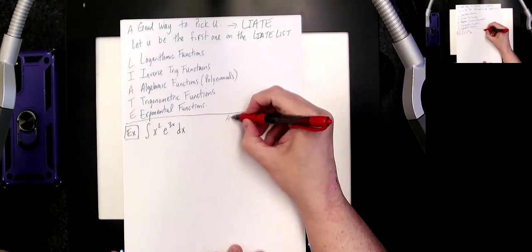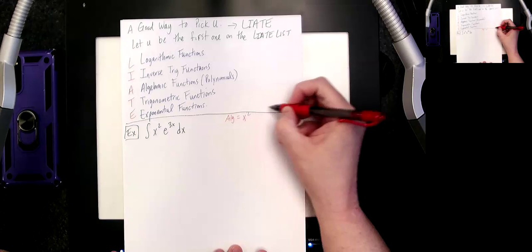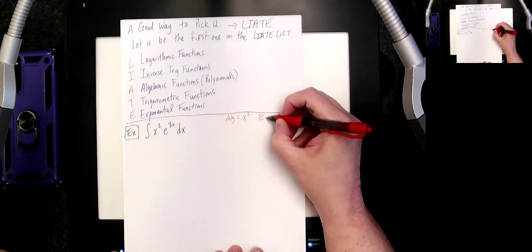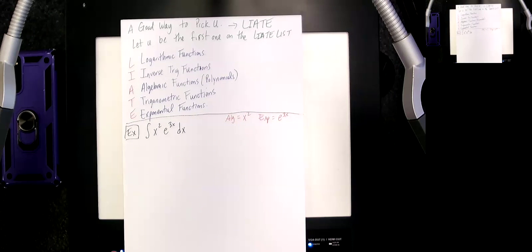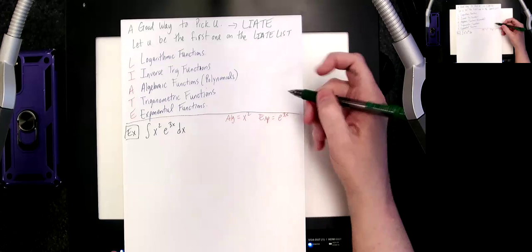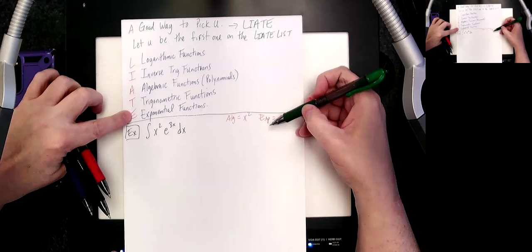So I have an algebraic one here, the x squared, and I have an exponential there, the e to the 3x. So algebraic comes before exponential.